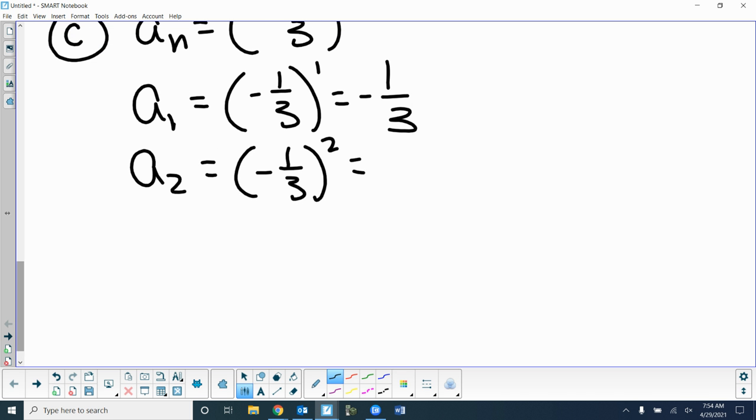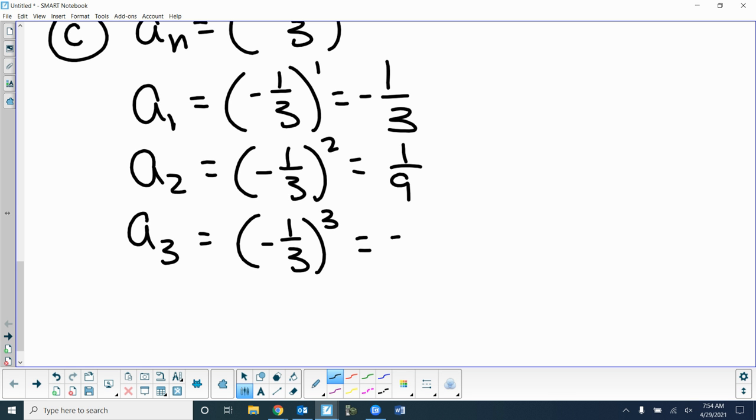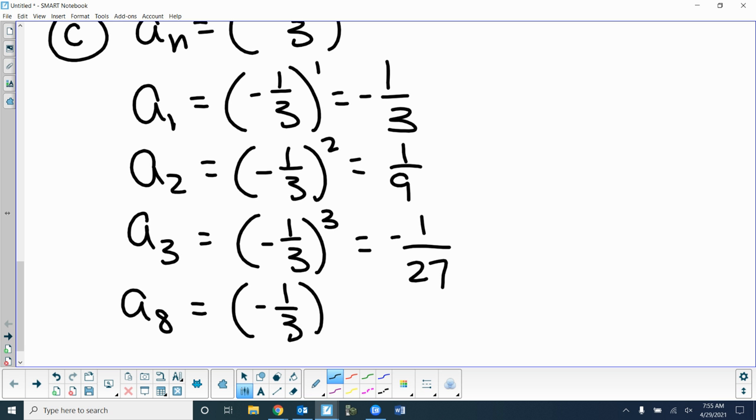This can square the top and the bottom. 2 negatives, though, make it positive 1/9. To the third power, it's negative 1 over 27, 3 times 3 times 3. Then the eighth term, it's a positive 1 because it's an even exponent. And then 3 to the 8th was what? 6561, or 6165? What was it?